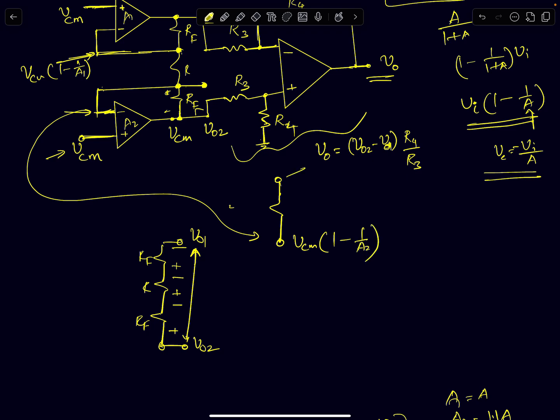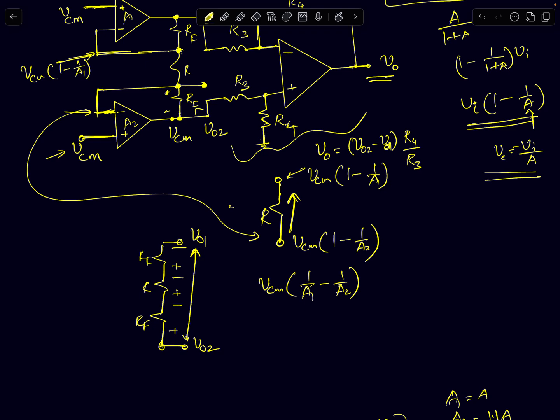And the other node of the resistor will be VCM into 1 minus 1 by A1. Now the current that's going to flow, computing in this direction, is simply given by subtracting these two voltages: VCM into 1 by A1 minus 1 by A2, divided by R. That's the current.